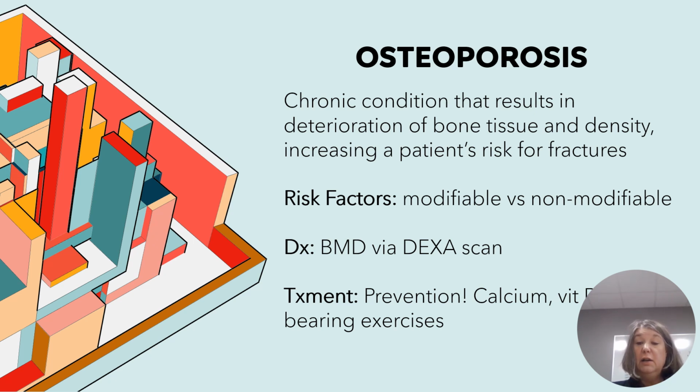Osteoporosis. All right, osteoporosis is a chronic condition that results in deterioration of bone tissue and density, increasing a patient's risk for fractures. Risk factors for osteoporosis are defined as primary and secondary. Primary risk factors are those that are non-modifiable. So age and race, right? And then there are lifestyle choices like sedentary lifestyle, not enough calcium intake, smoking.